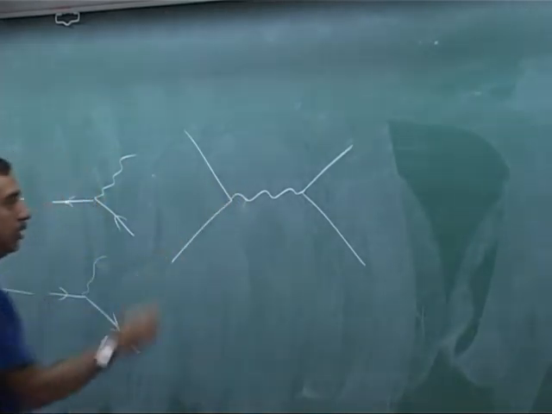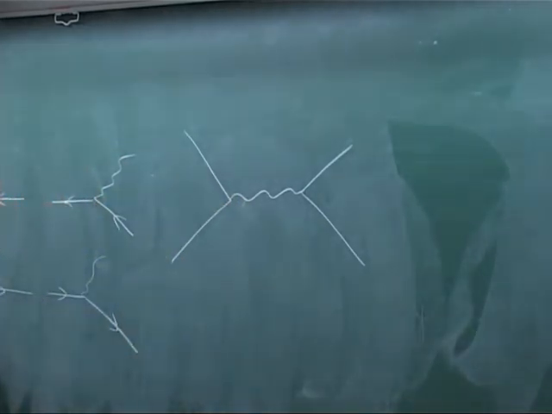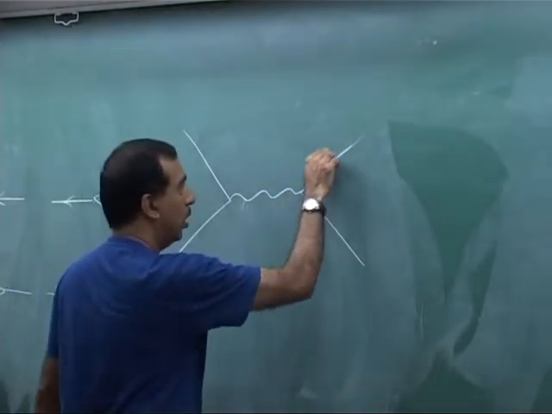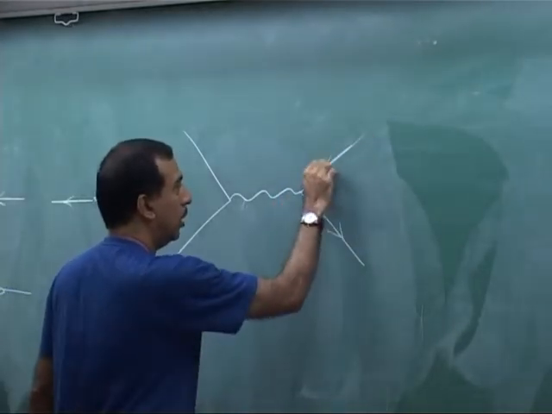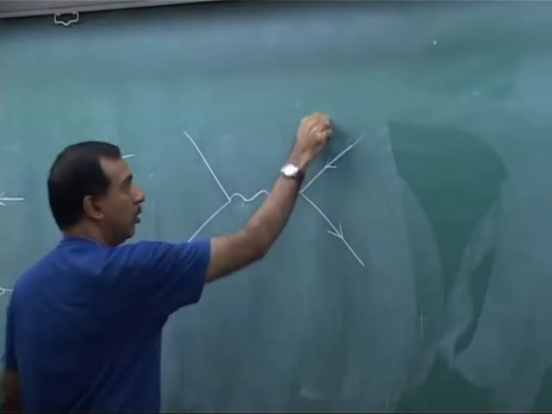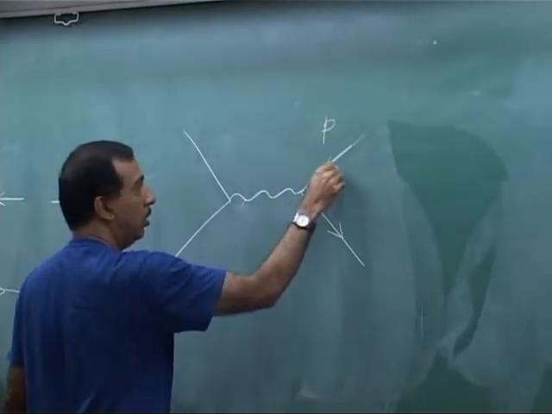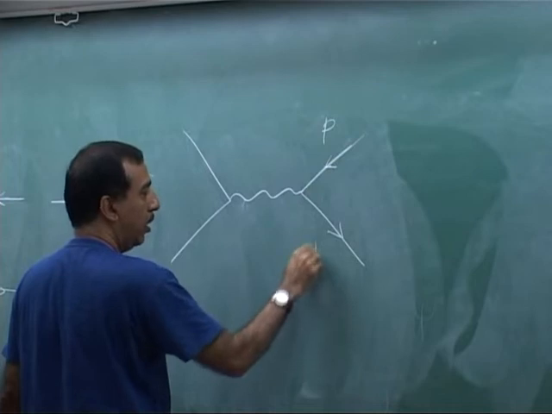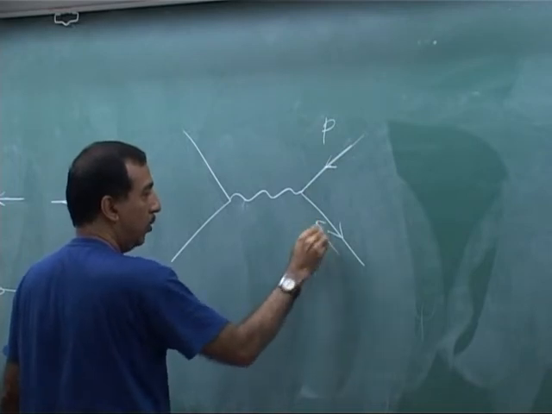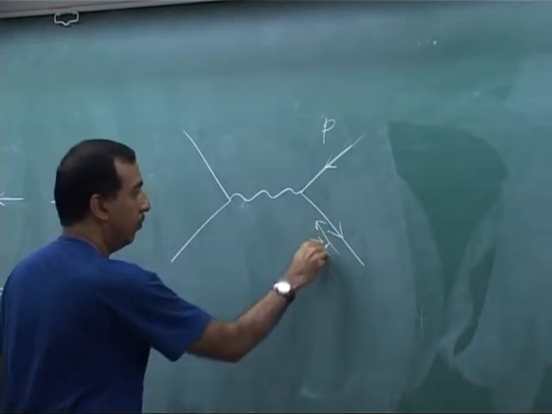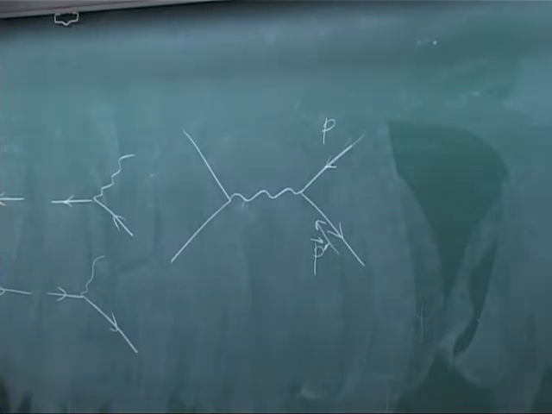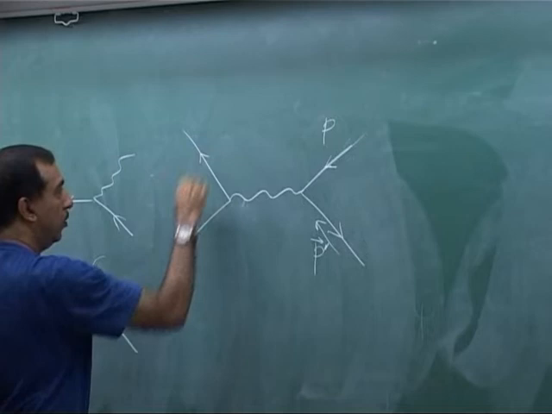Let's consider a case like this. It can be labeled in many different ways, but basically I'm going to think of it as an electron of momentum p and a positron of momentum p prime incoming. Okay? And what comes out here.